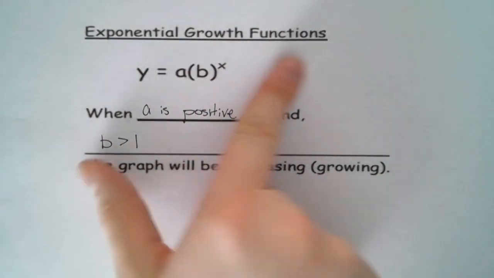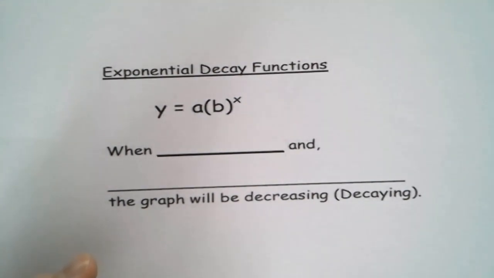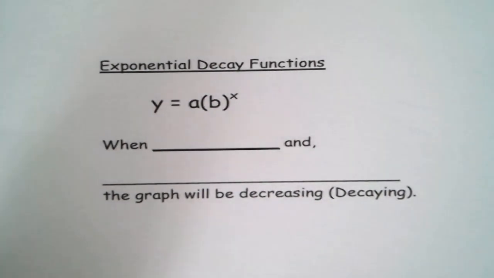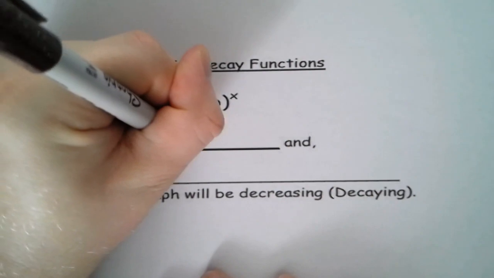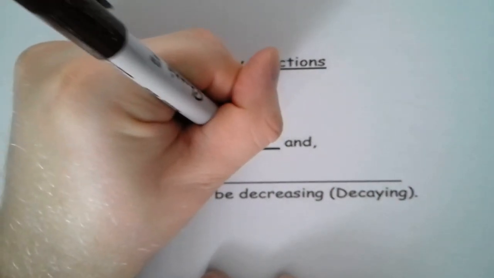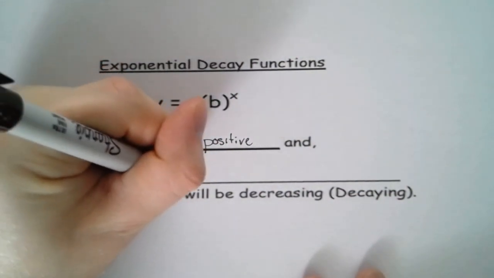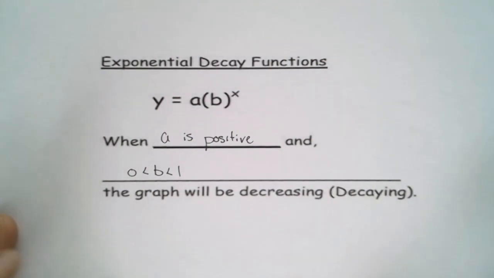So that's under exponential growth functions. And then next to that, you should see exponential decay functions here. So this is when A is positive and B is between 0 and 1, the graph will be decreasing, decaying.